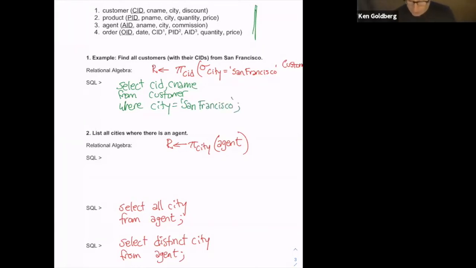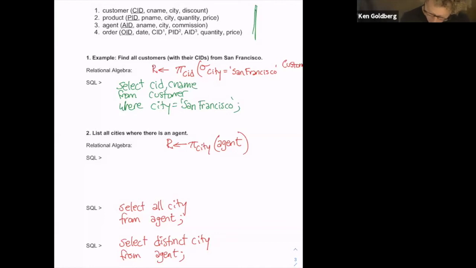In particular, note that the select we use in SQL is not the same as the select in algebra. That is a sigma, and we call it select, but it's not the same, so keep those two different.